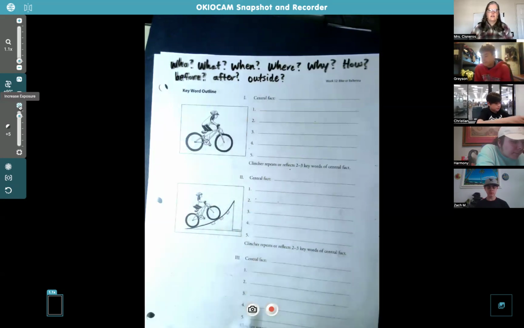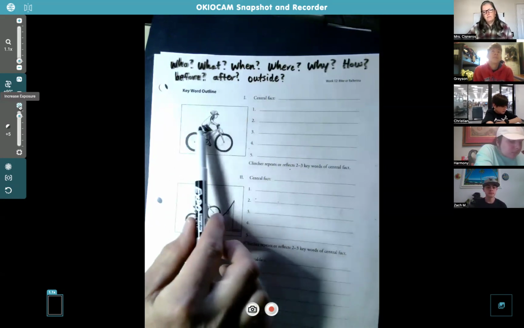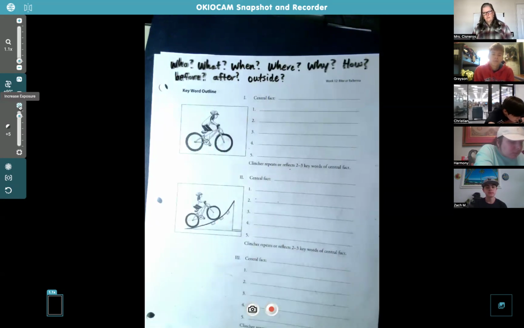Like maybe this guy's at a show, or a competition, even though the bike doesn't look like the type of bike in a competition, but maybe he is. And he's got a whole crowd watching him. I don't know, that we just can't see him, but they're there. Things like that. These are creative stories that you're writing and you're using your imagination.